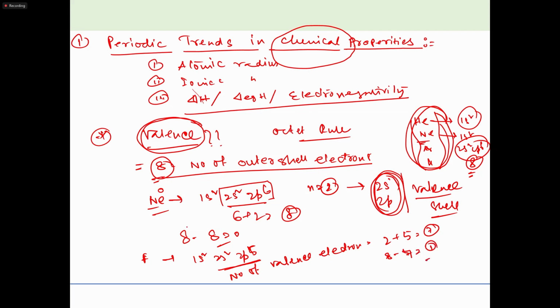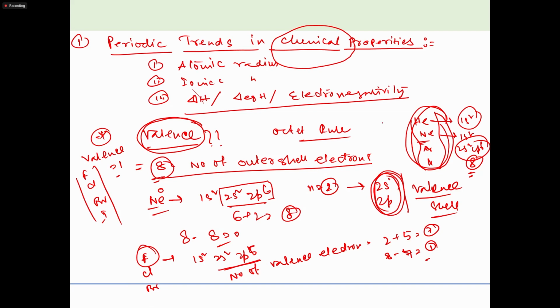So for fluorine, the valency equals 1. Similarly, for chlorine the valency will be 1, bromine it will be 1, iodine it will be 1. So fluorine, chlorine, bromine, iodine have valency equal to 1.